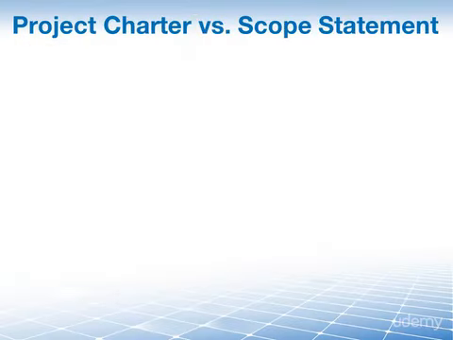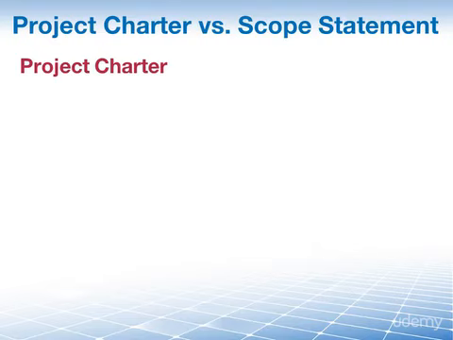The content that you will find in your project charter and in your project scope statement are somewhat overlapping. However, they are different in the level of detail that is contained in each. The project charter contains more high-level and summary type content, since it is created during project initiation and requirements are still being developed.